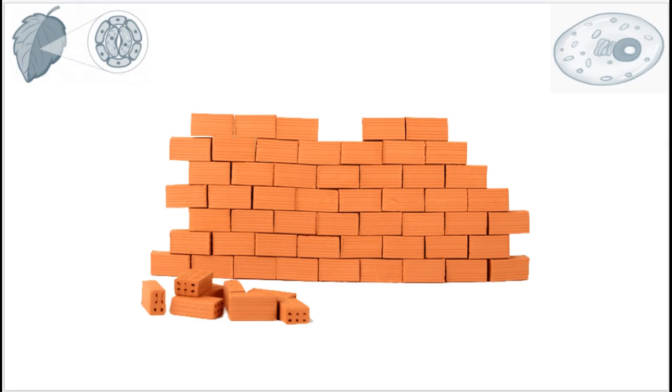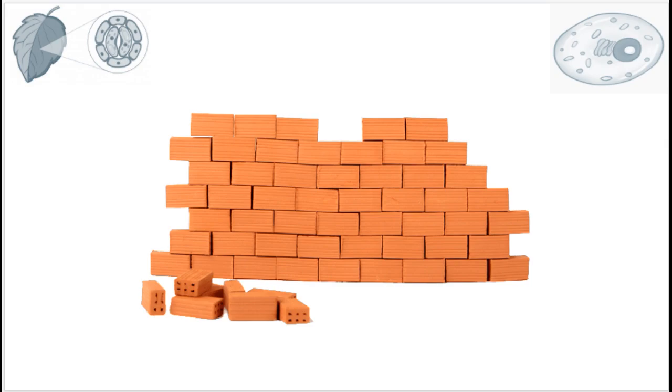Suppose a person is constructing a building. He has to construct the walls of the building first, and then he will make the doors and windows. To construct a wall, the bricks are to be kept one upon another, and the cement is required to paste them and to make a continuous wall.